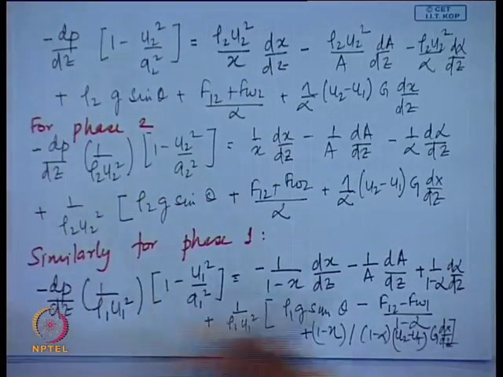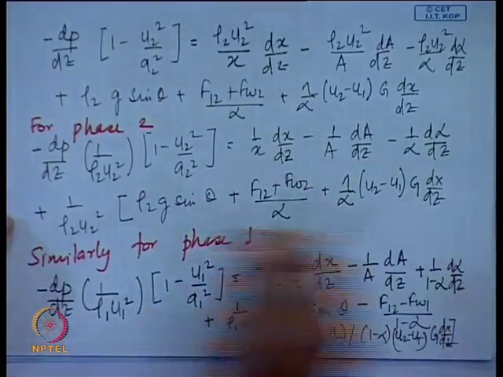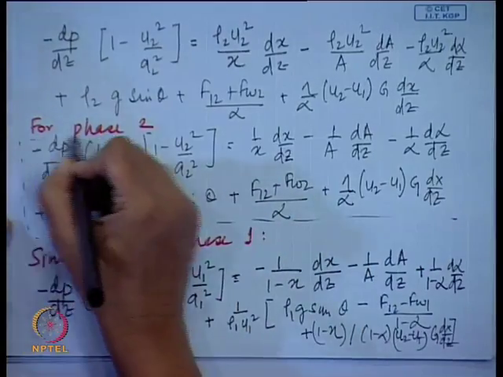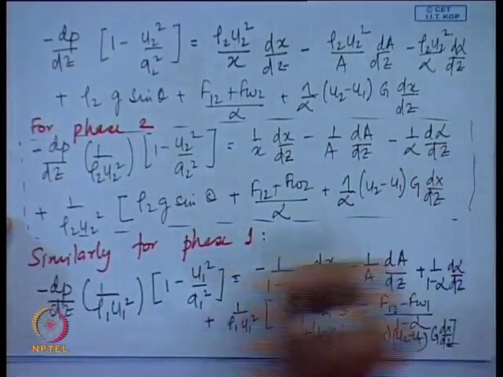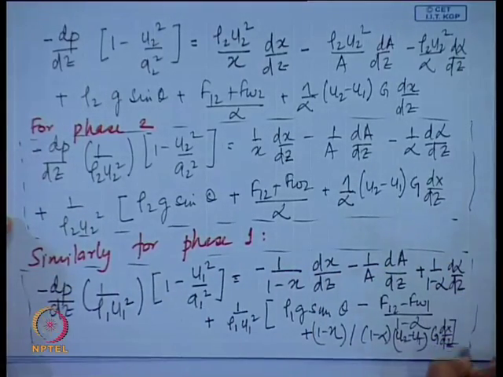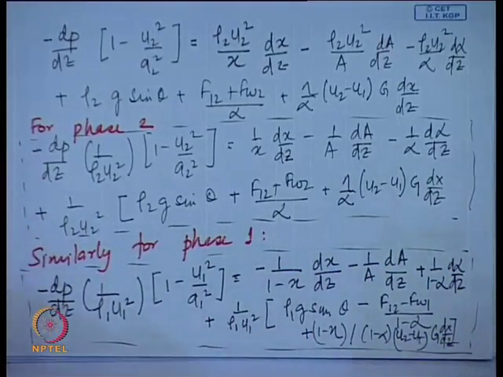This equation we had already got in the last class, this particular equation for phase 2, and a similar equation we have obtained for phase 1 as well. Now, if you compare these two equations, what do you get? You find that both these equations resemble one dimensional steady flow single component compressible flows, is it not?